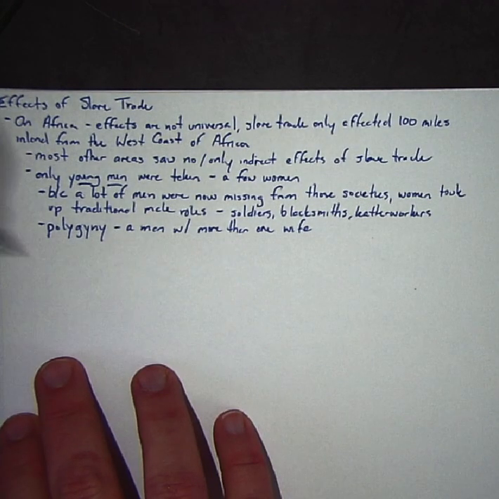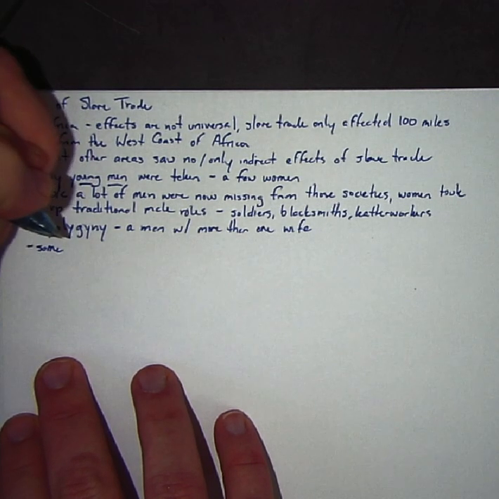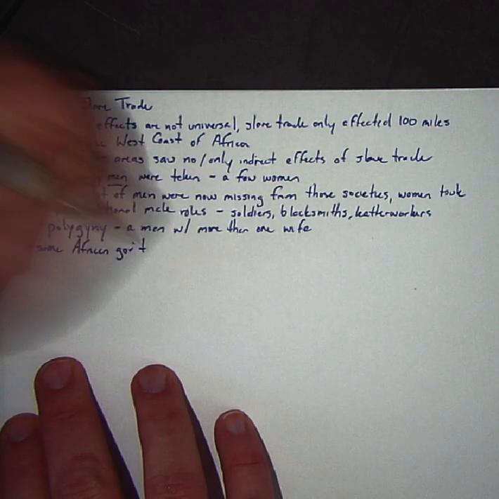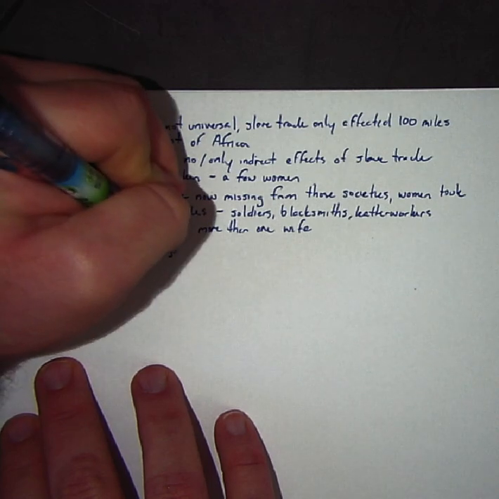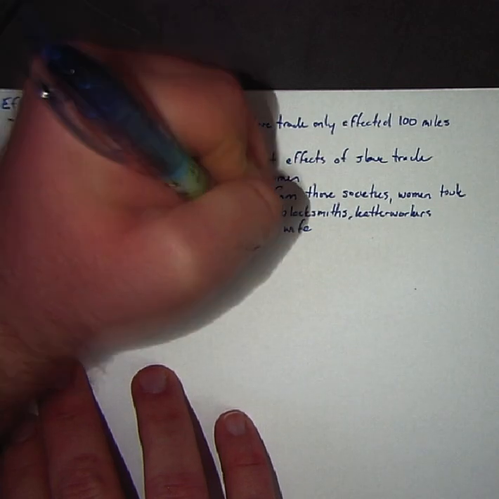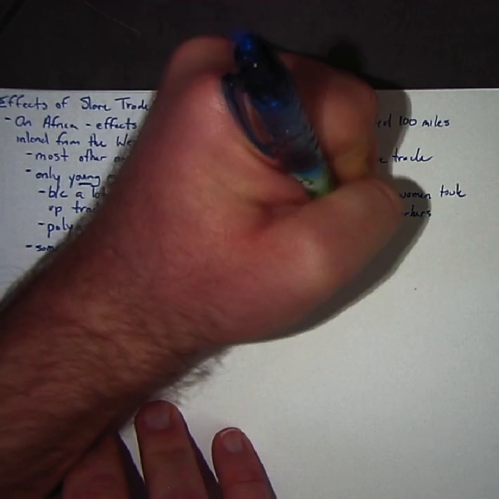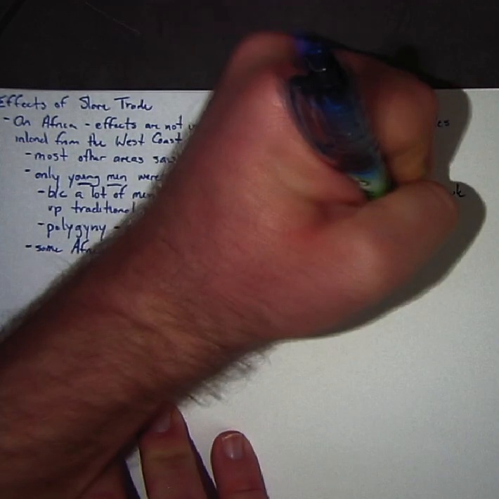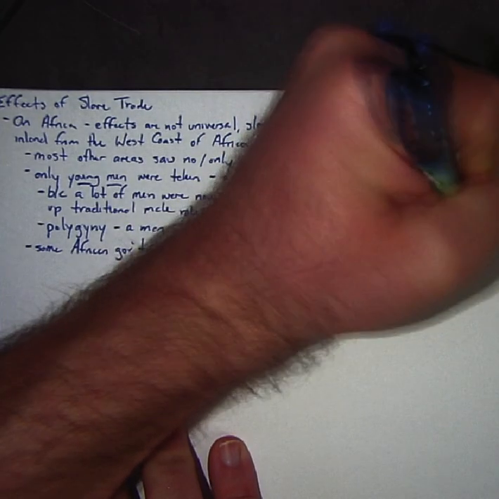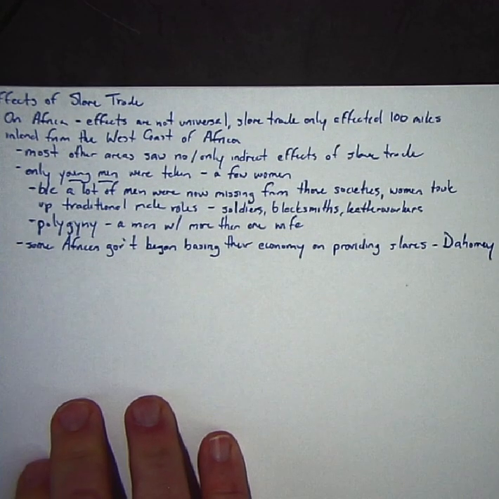One additional effect is that some African countries or some African governments began basing their entire economy on providing slaves. An example of that is a place in West Africa called Dahomey.